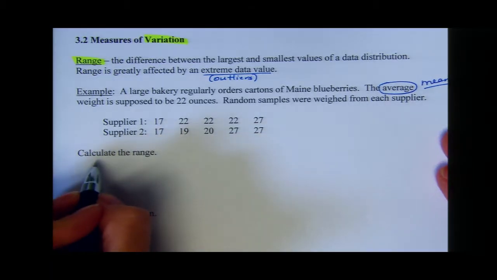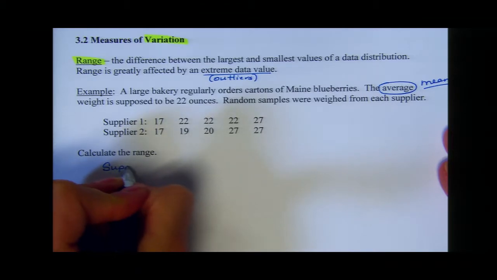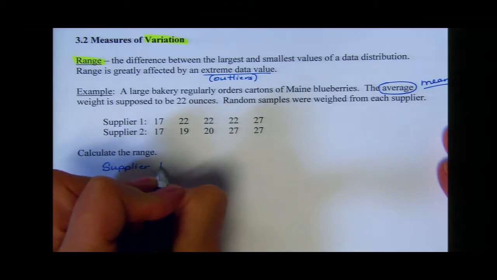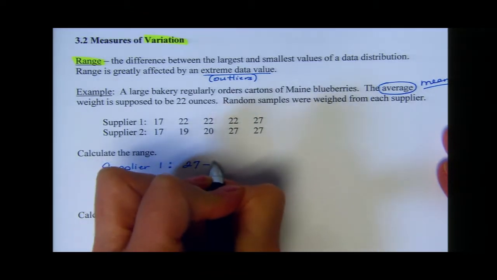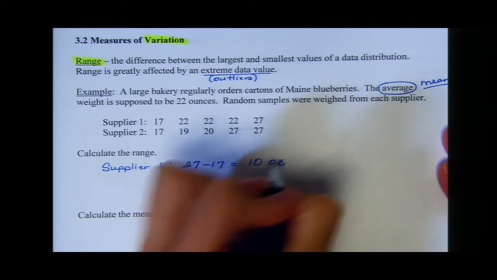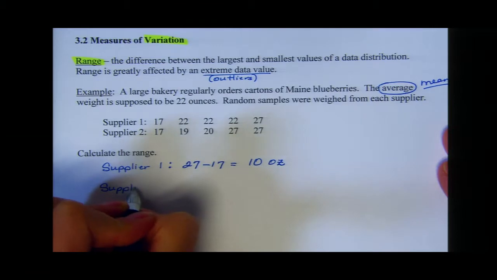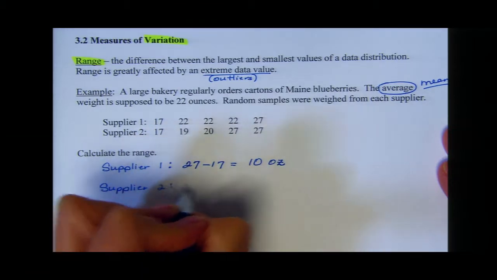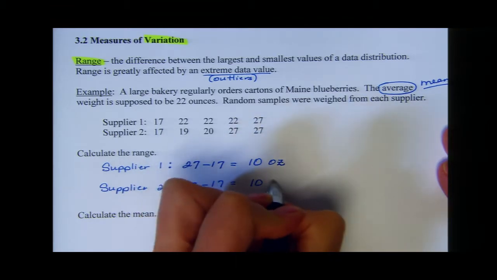So it says first calculate the range. So we're going to calculate the range for supplier 1, and the range is the largest number minus the smallest number. So you have a range of 10 ounces. Supplier 2 would also be 27 minus 17, 10 ounces.